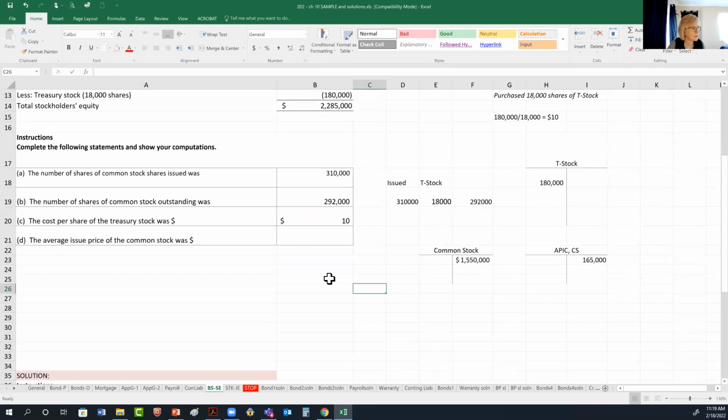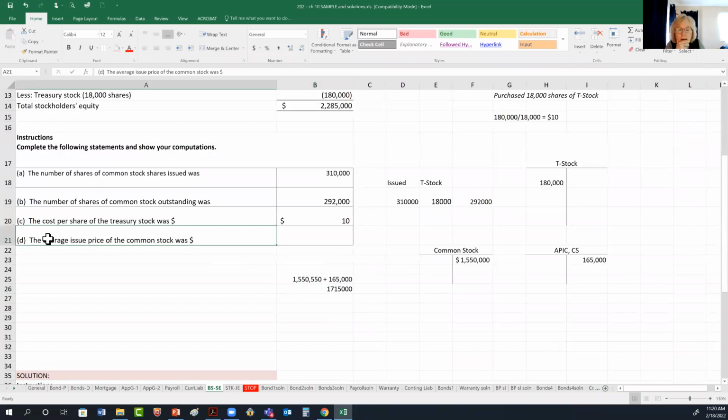And now we know that total and the average issue price.